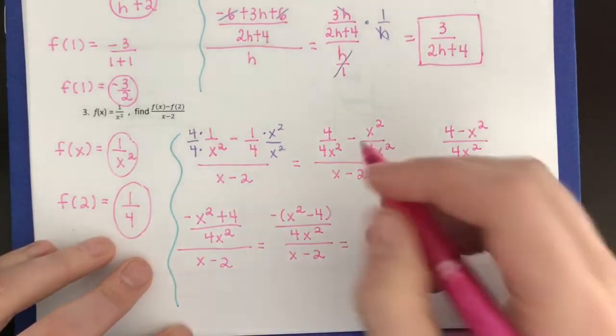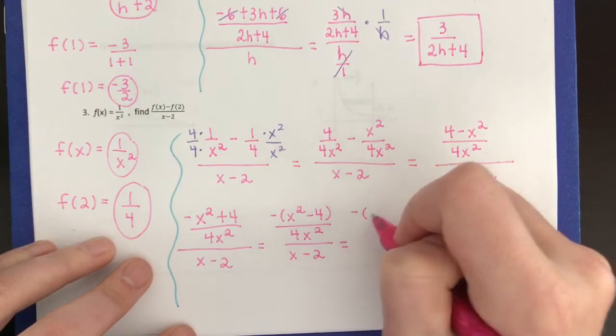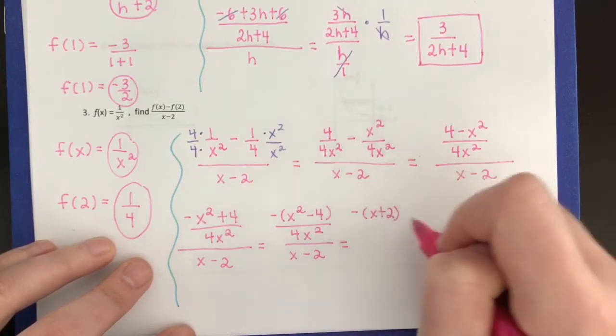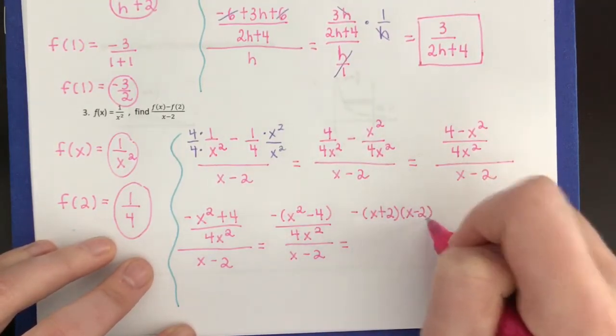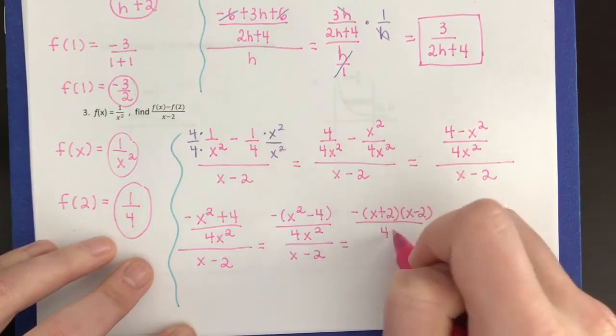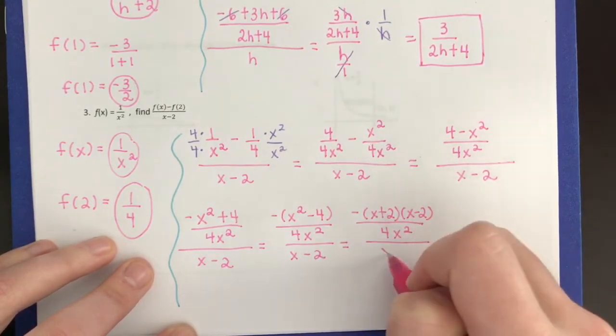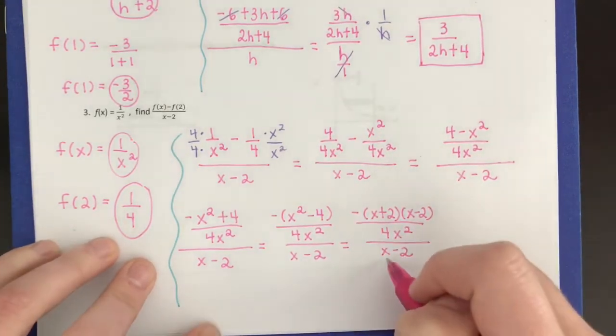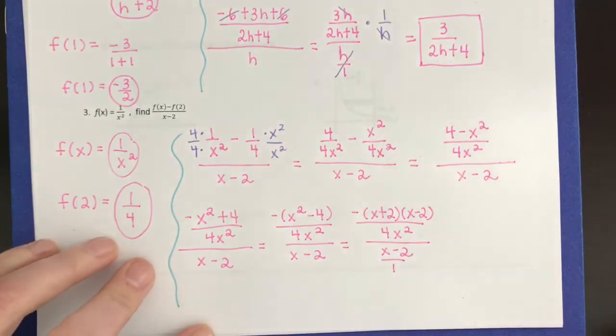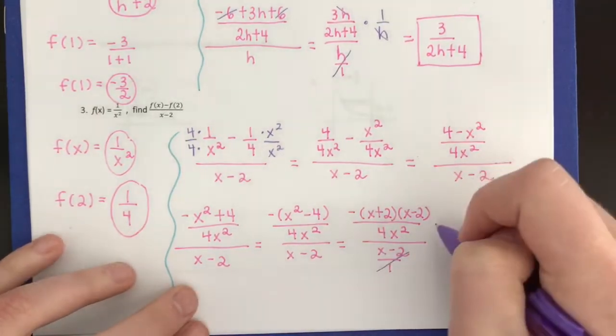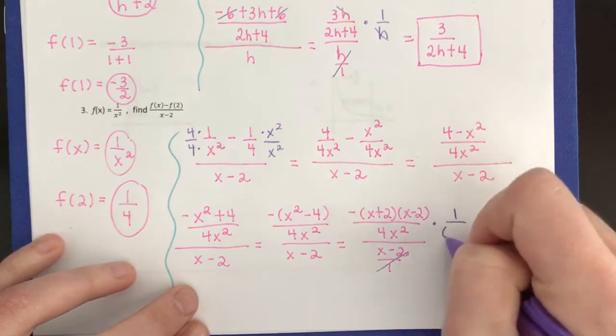And you notice that that's a difference of squares, so this becomes negative (x plus 2)(x minus 2) all over 4x squared over x minus 2. And this x minus 2 is over 1. So we're going to bring this up, multiply by the reciprocal.